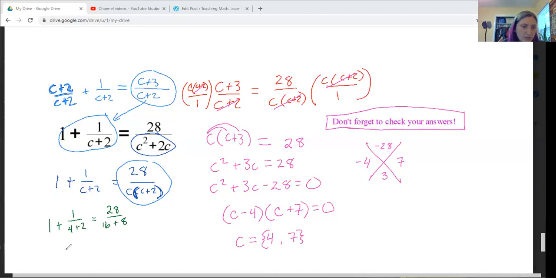Okay, so this would be 1 and 1/6. Is it equal to, let's see, 28, 16 plus 8. That's going to be 28 over 24, which simplifies to that side right there, not the whole thing is equal to, but that side right there is equal to 1 and 2/24.